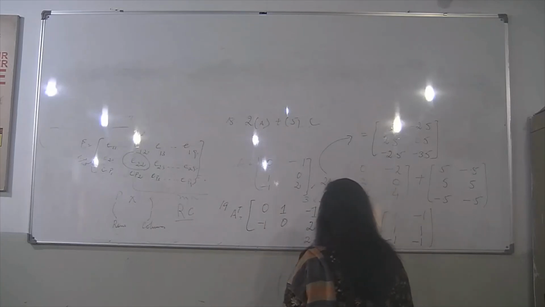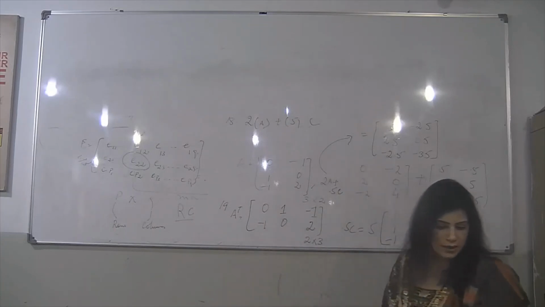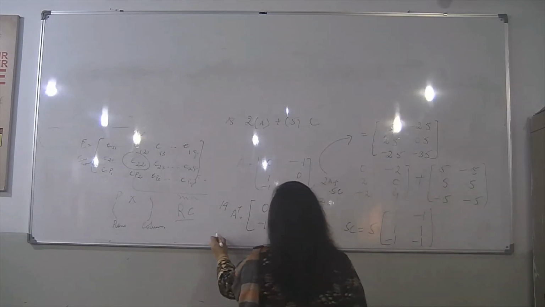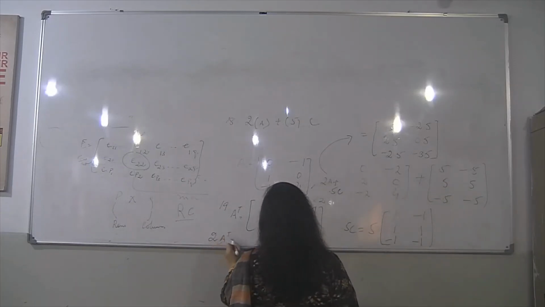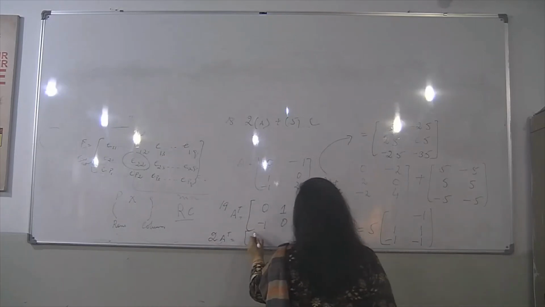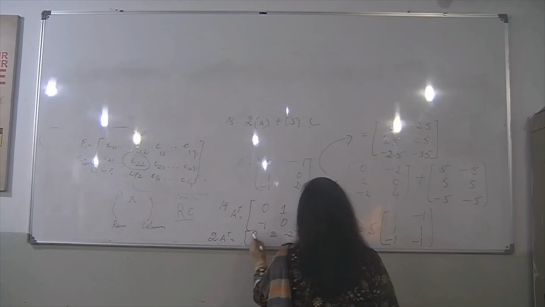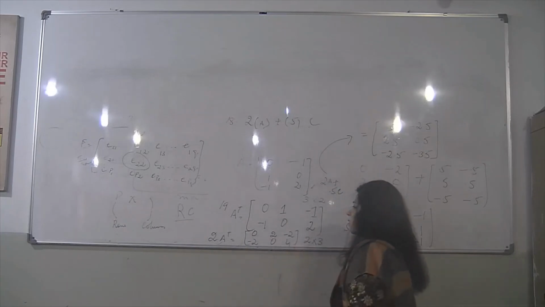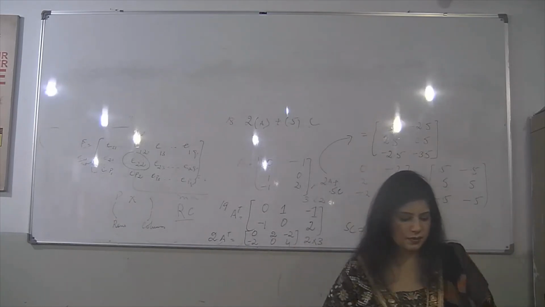Now we have A transpose, and they just asked you to multiply this. So 2A transpose in this case would be 2 into 0, 0, 2, -2, -2, 0, and 4. So here you go with this 19th question, and they're very simple questions.